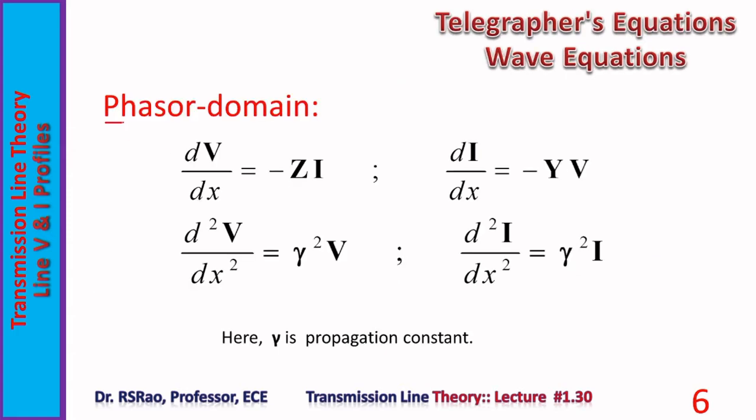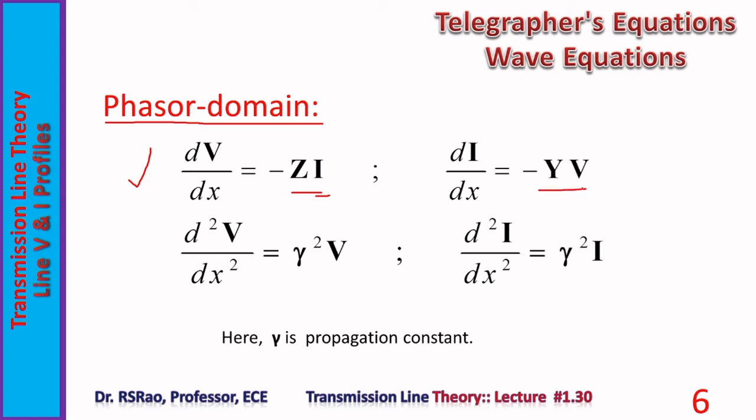Phasor domain. The equations that are shown in the previous slide are in time domain. Time is there. You can see time is visible explicitly in those equations. So they are time domain equations. Those equations can be converted into phasor domain by replacing ∂/∂t with jω. Now in phasor domain, line equations appear as dV/dx equal to minus ZI, dI/dx equal to minus YV.